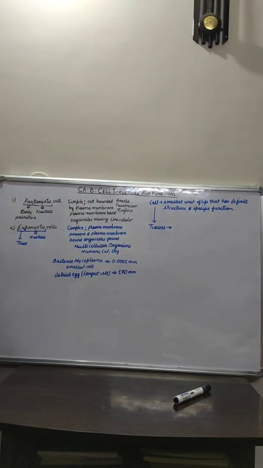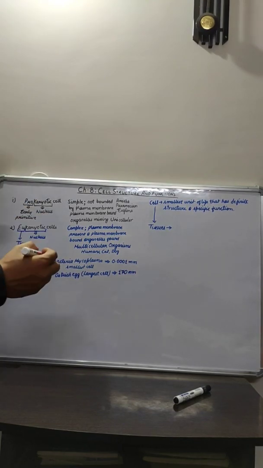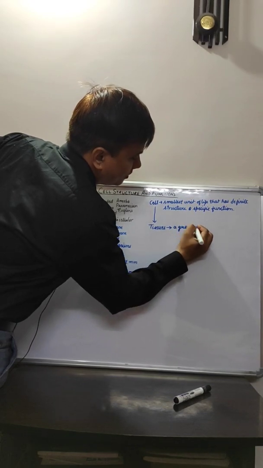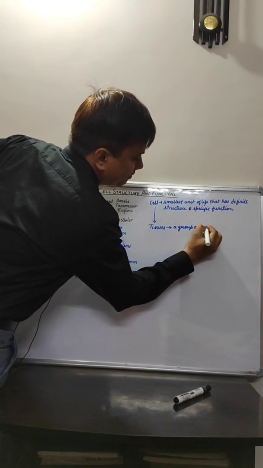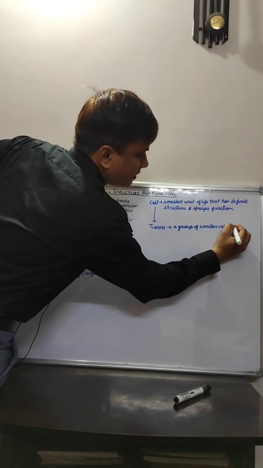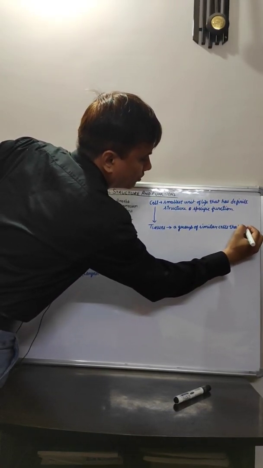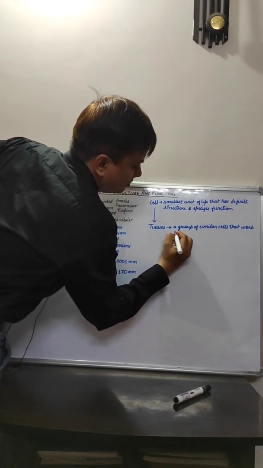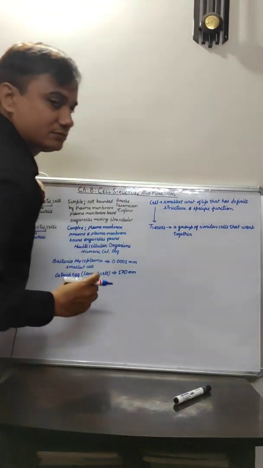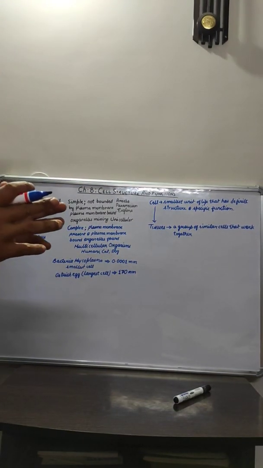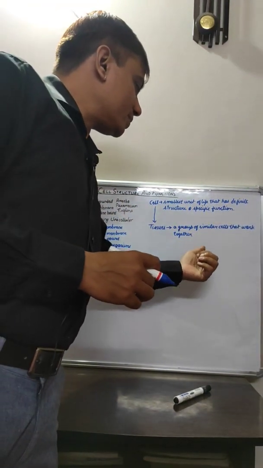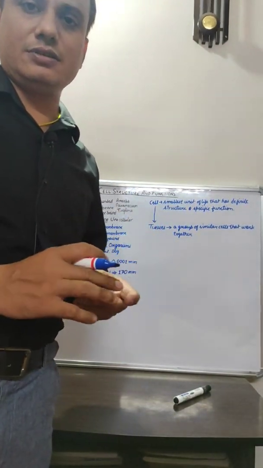So if we have to define a tissue, tissue is a what? It is a group of similar cells that work together. Now they are working together. What does it mean? Are they working for a cause? Is the cause the same? They are on the same mission, right?